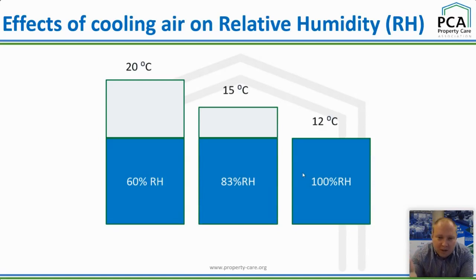During the night, they turn the heating off and the temperature drops. At 20 degrees, that amount of moisture equates to 60% RH. Dropping down to 15 degrees Celsius, it gets to 83% RH. And at 12 degrees, it reaches capacity, 100% RH, and that's when you will get condensation. I hope that makes sense.